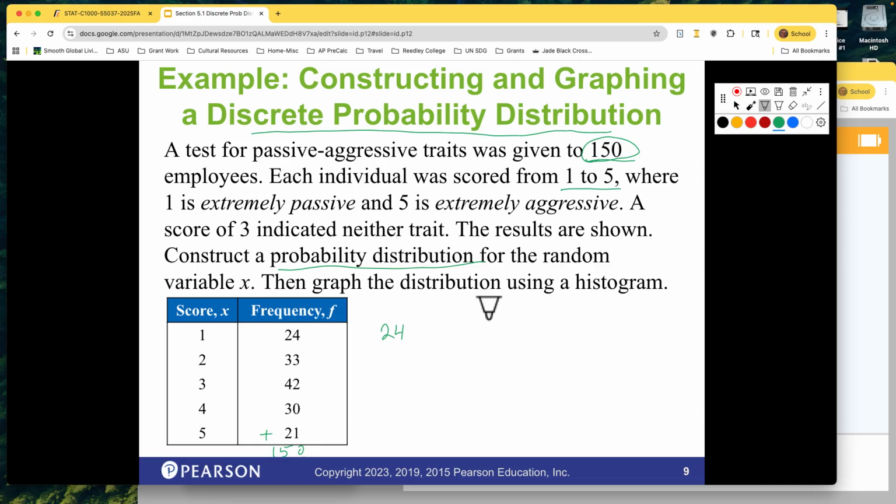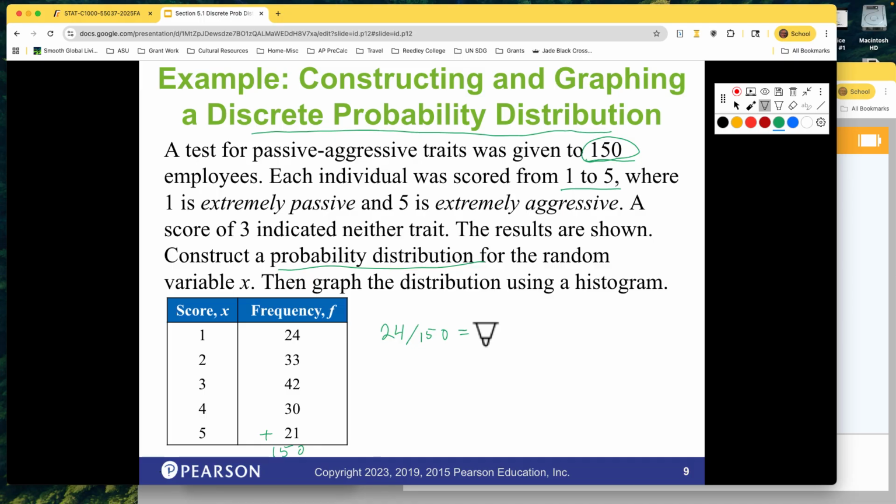Once we have the relative frequency, we can multiply it by the total number, and we get the number that it happened. So 24 divided by 150 is going to give us a relative frequency. Remember, this is also going to be a probability, so it's a number between 0 and 1.